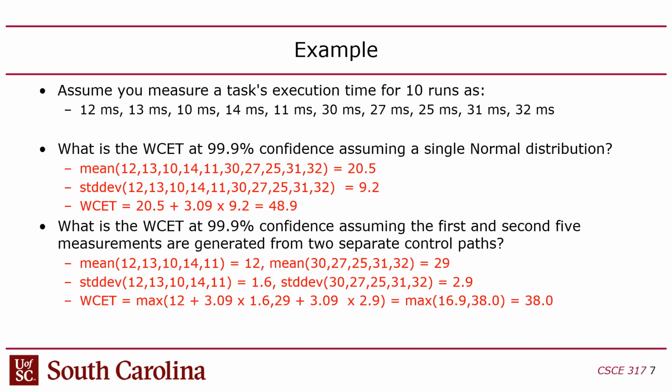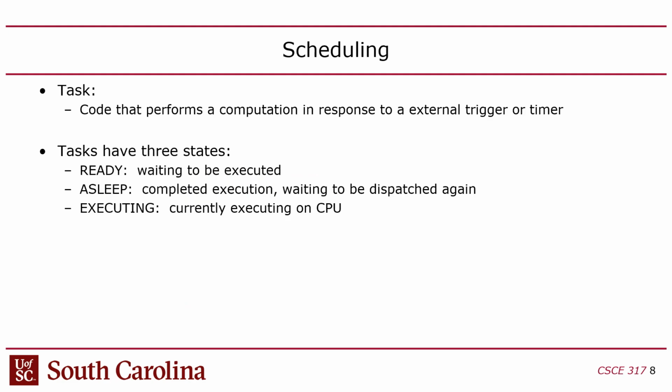The standard deviation for the first set is 1.6, and for the second set is 2.9. So the worst case execution time for the first set is 16.9, and for the second set is 38. You're going to take the max of those 2, 38, which is much better than the 48.9 that we measured originally, right? So knowing that we have 2 distributions allowed us to get a smaller worst case execution time.